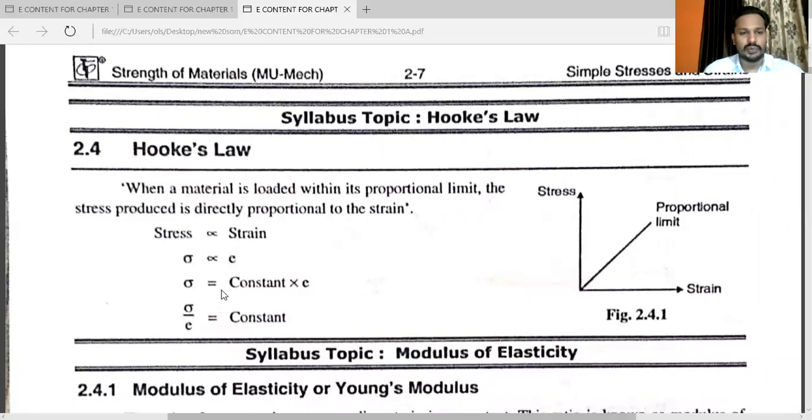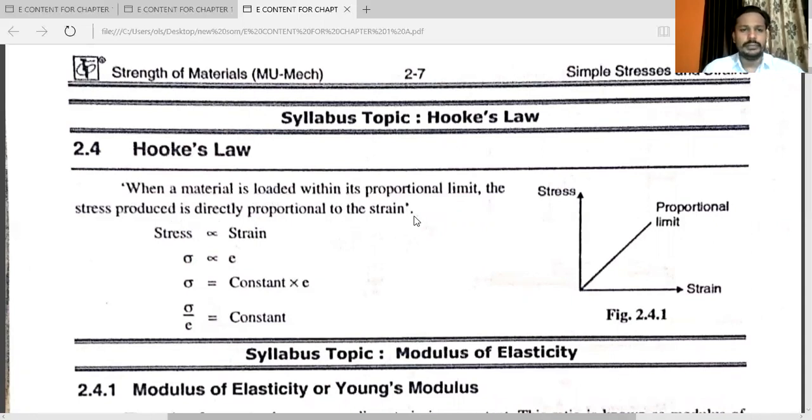So sigma upon strain, that is stress upon strain, is equal to constant. That is our Hooke's law. When a material is loaded within its proportional limit, the stress produced is directly proportional to the strain.